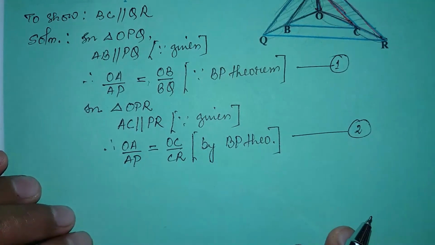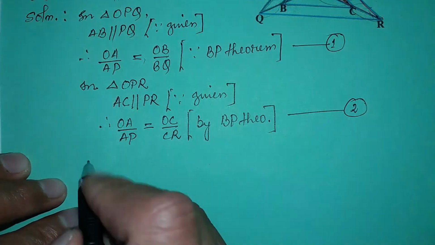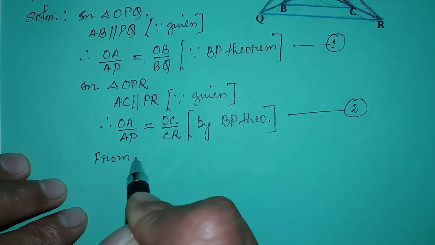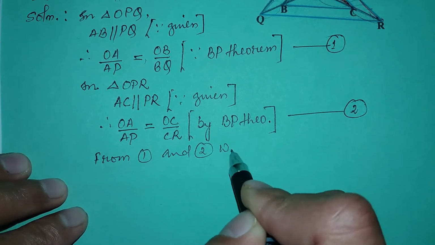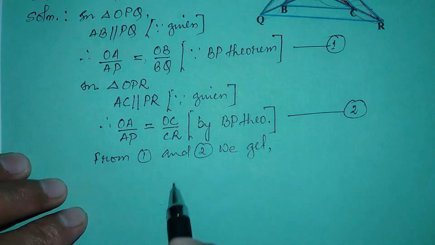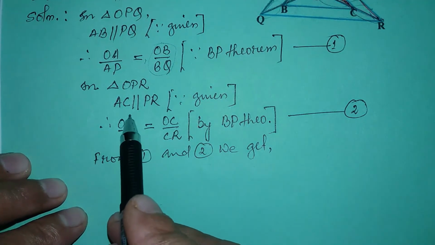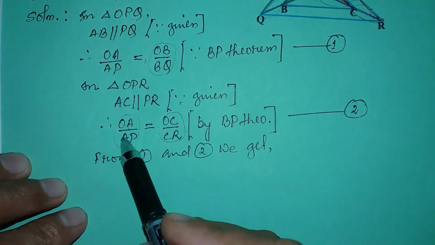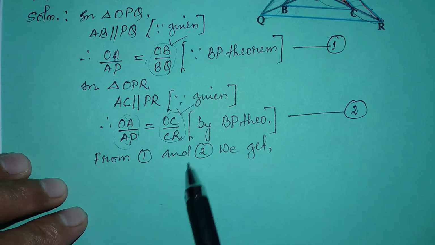So here from 1 and 2 we get, OA by AP is equal to this, and the same OA by AP is equal to this. Now this left hand side is one and the same, so these two will be equal here.